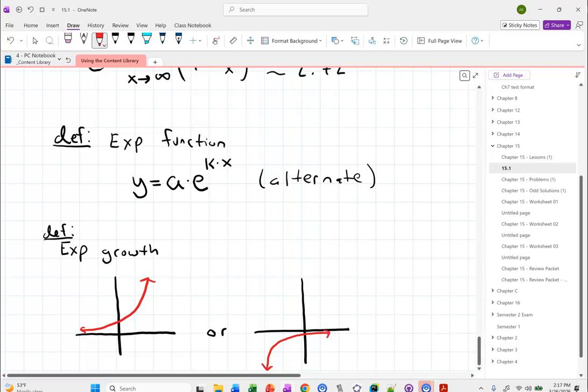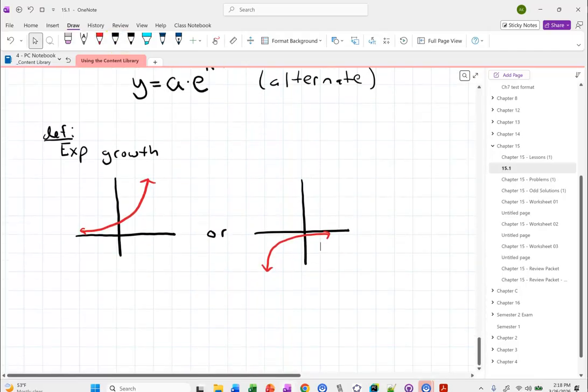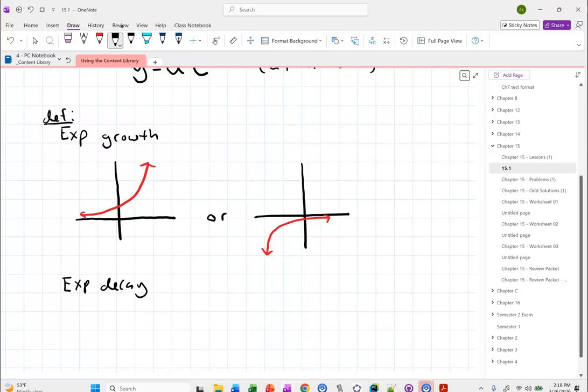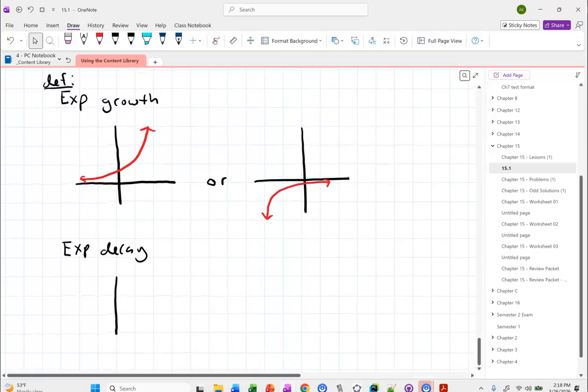So we're going to define an exponential function as exponential growth if the function is increasing as we move from left to right. And we're going to define a function as exponential decay if it's decreasing as we move from left to right.